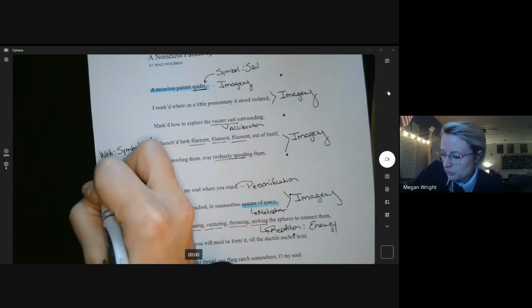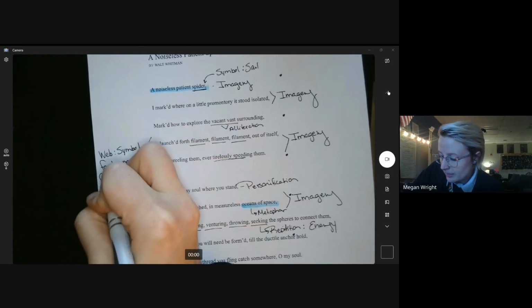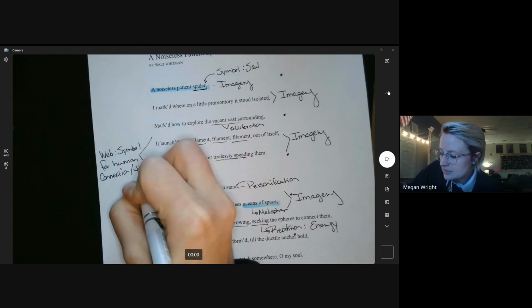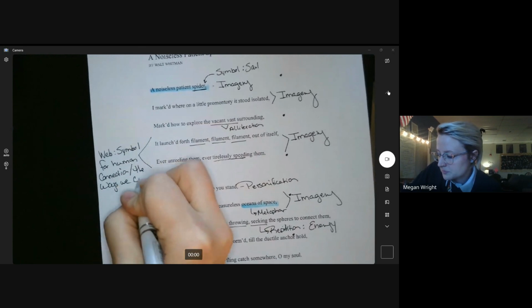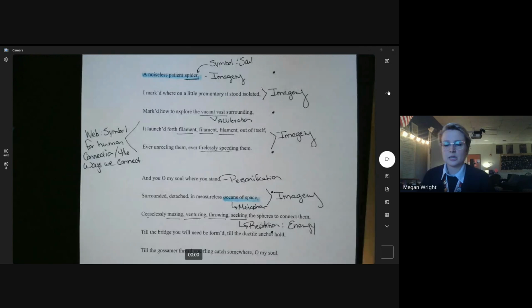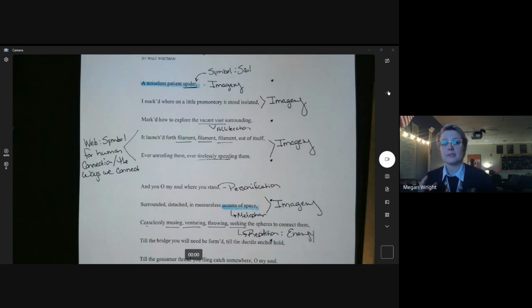And it's a symbol for human connection, and the ways we connect. That would lead to a discussion with students about ways that they connect with people, ways that they've seen people connect, and what that tells us about ourselves and about people.